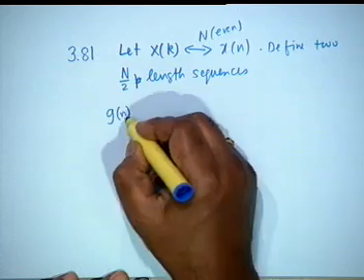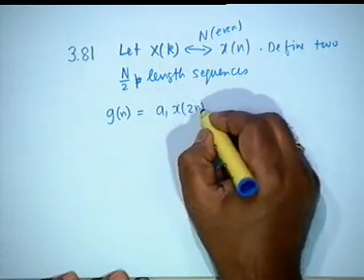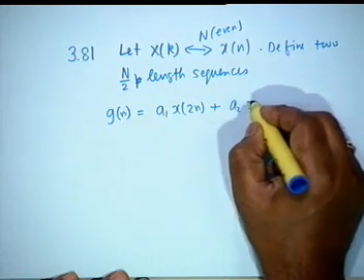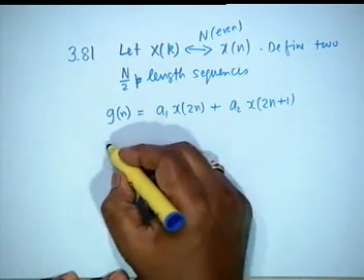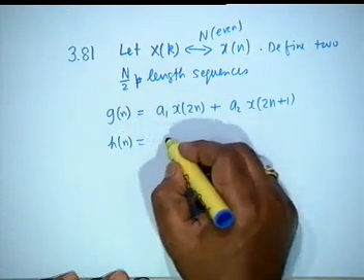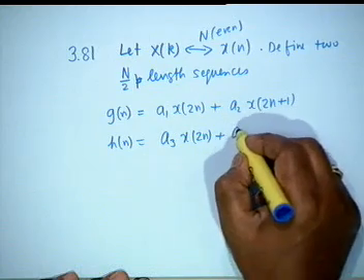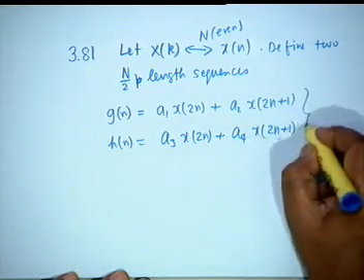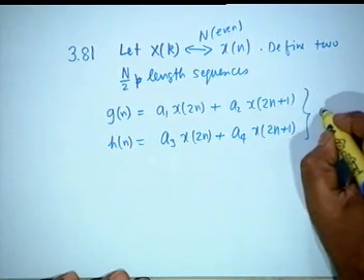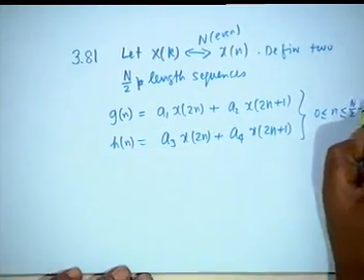g of n is equal to A1 x of 2n plus A2 x of 2n plus 1, h of n is equal to A3 x of 2n plus A4 x of 2n plus 1, where obviously n lies between 0 and N by 2 minus 1.